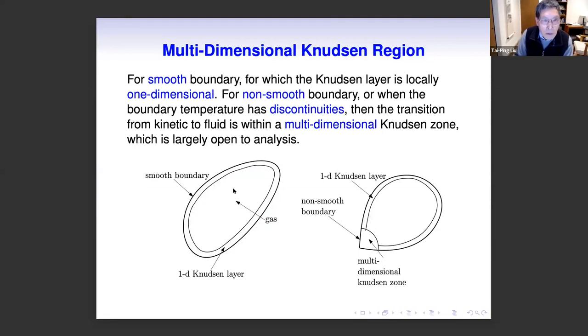Now, if the collision number is very small, then one imagines that there's a collision layer near the boundary with the width K, and inside is a fluid-like region. And so one needs to use the Hilbert expansion near the boundary to connect the collision layer to the fluid-like wave inside in order to study the whole wave pattern.